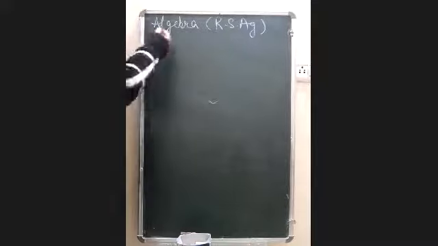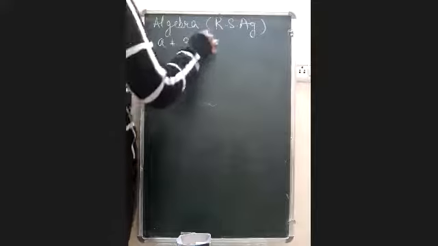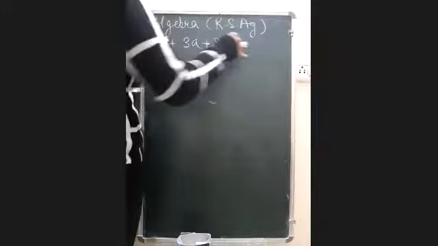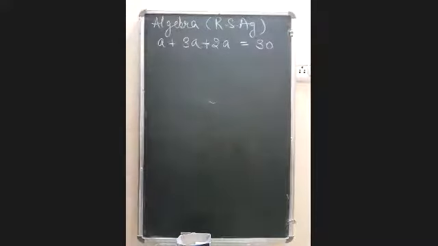Okay, so suppose the question comes as a plus 3a plus 2a is equal to 30, and you have to find it out. The question comes, solve the equation, जो हम लोग बहुत दिन से कर रहे हैं ना, solving the equations. So the same is only this, solving the equation.